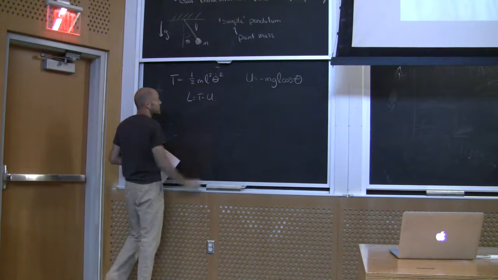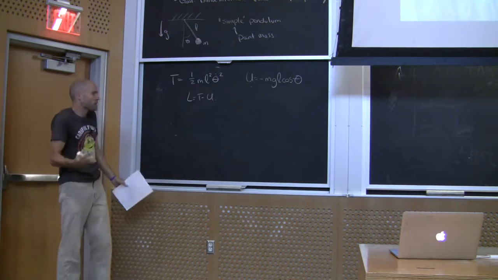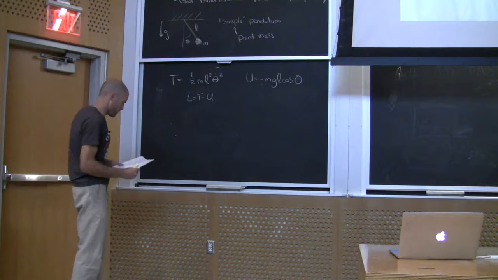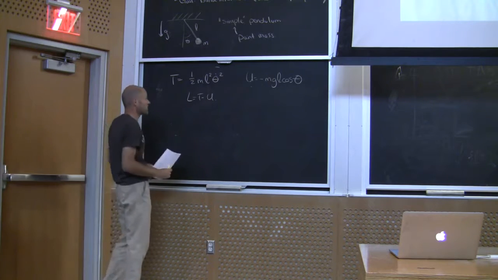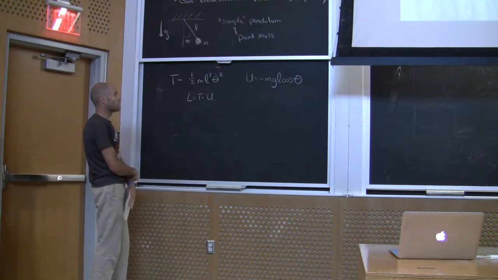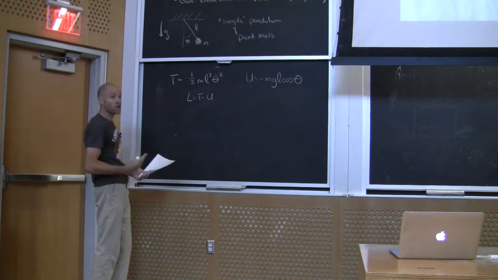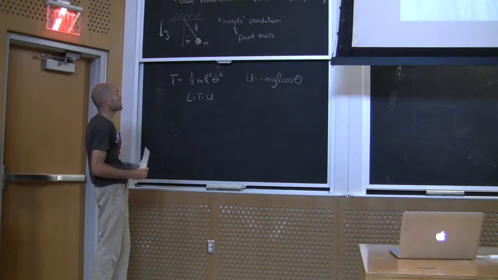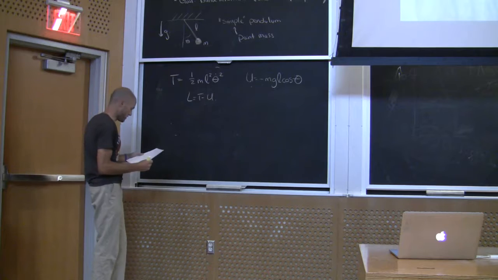Okay, and if you pop that into our standard machinery, which again you don't have to know, but I don't want you to fear for the course, you can just pop this into the Lagrangian tool chain and come out with a set of differential equations that will govern the dynamics of this system.